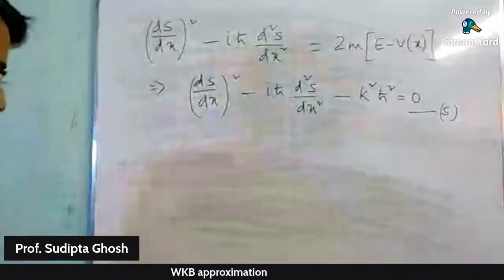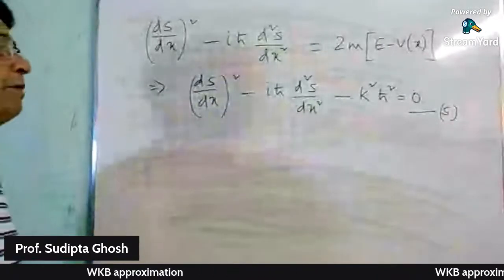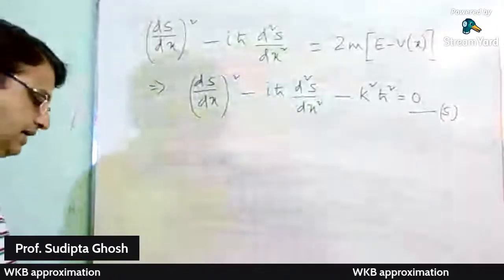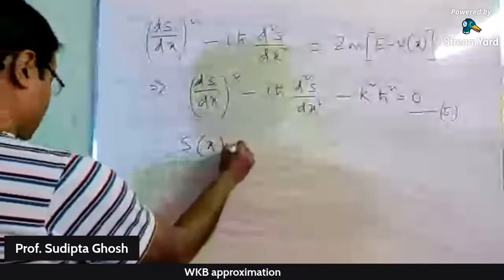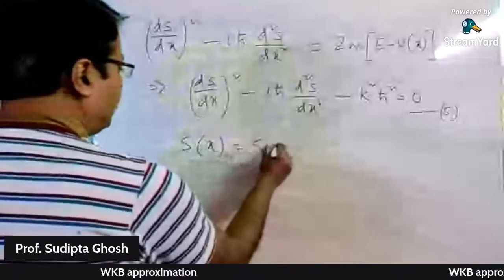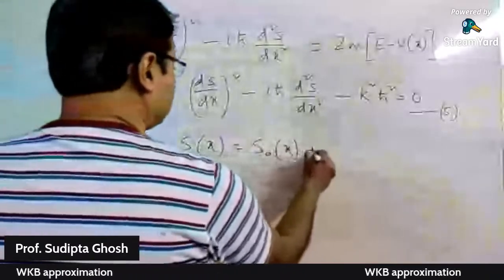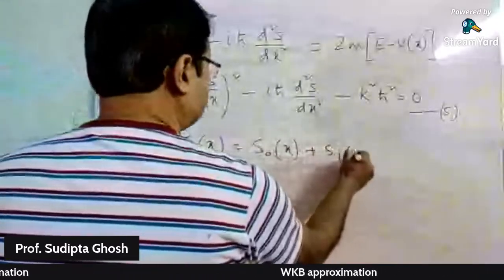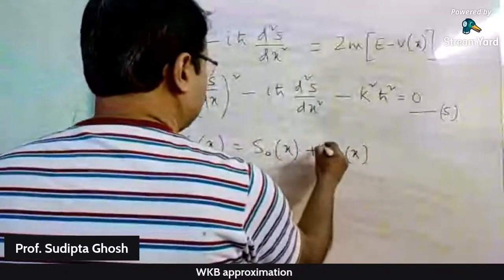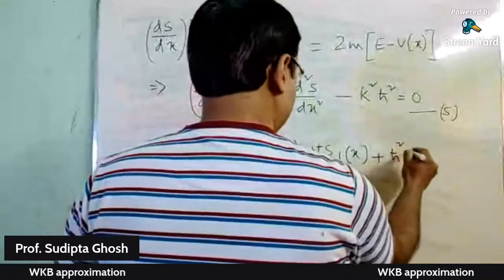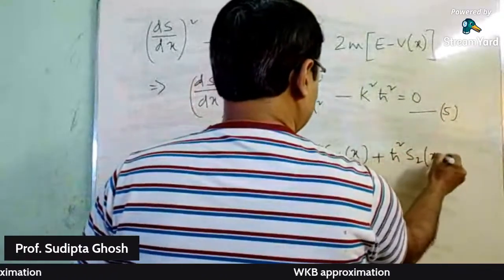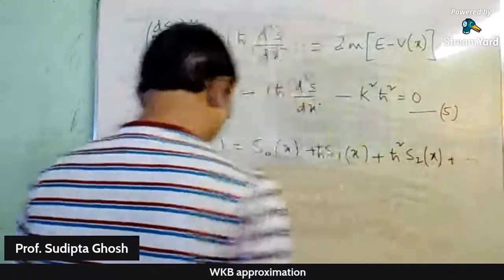So expanding s(x) in powers of ħ, we get s(x) = s0(x) + s1(x)ħ + ħ² s2(x) and the higher order terms.